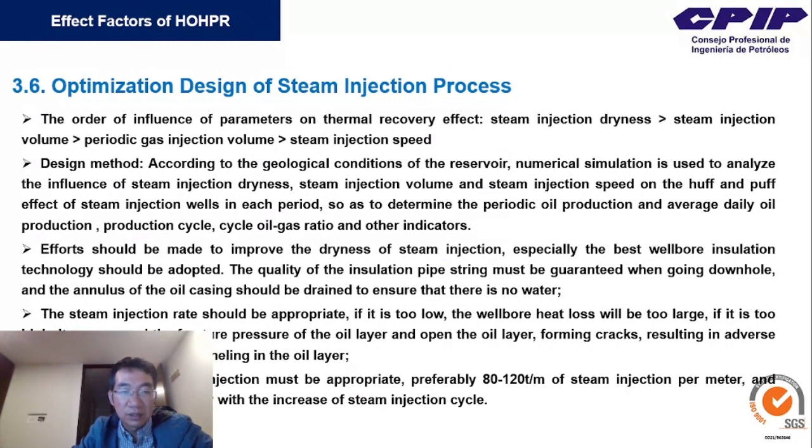The amount of periodic injection must be appropriate, preferably 80 to 120 tons per meter of steam injection, and should increase appropriately with the increase of steam injection cycle.